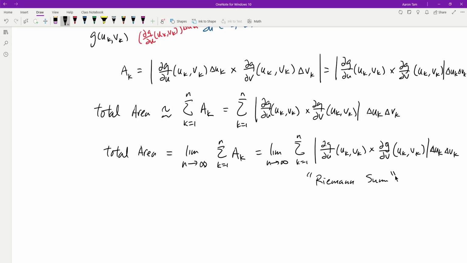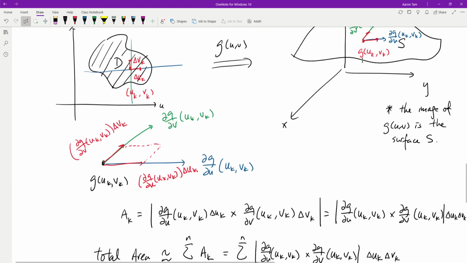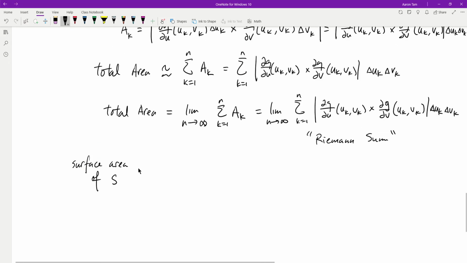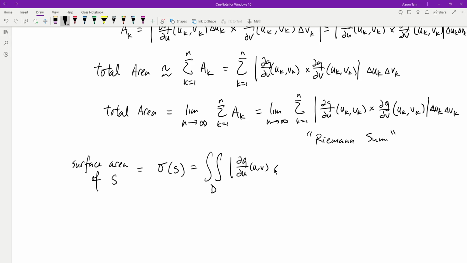So this integral will calculate what we call the surface area of S, which is this surface right here. And that is given by this symbol, sigma of S. And that's equal to a double integral over the domain D of the length of dg over du of uv, cross product dg over dv of uv, du dv.